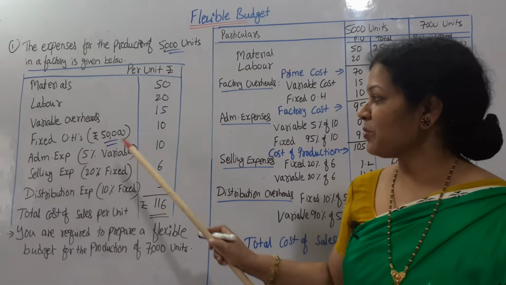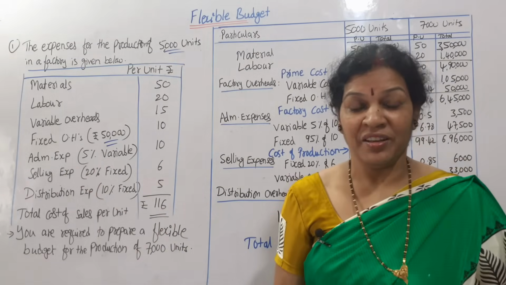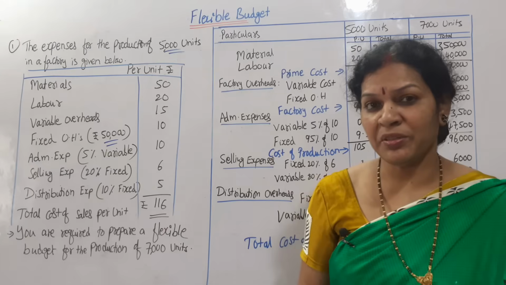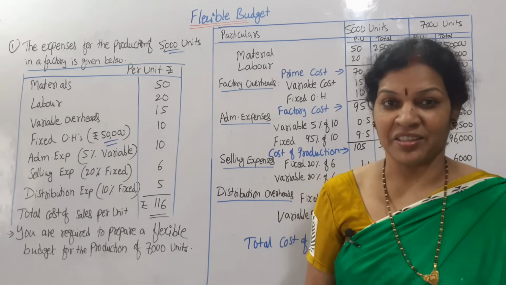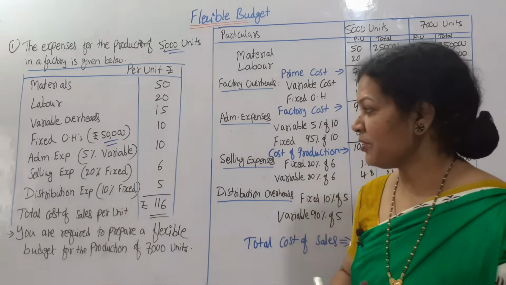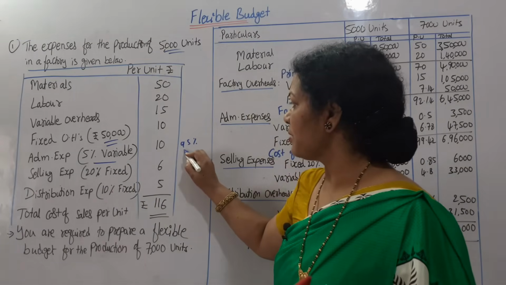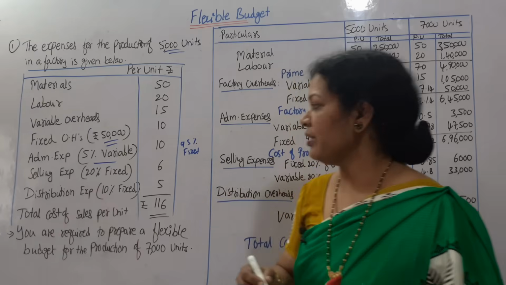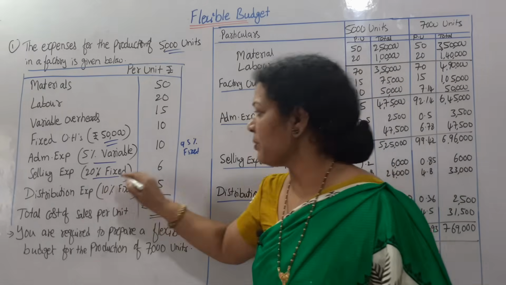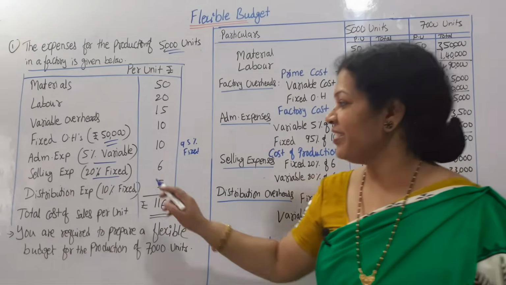Next, administrative expenses 10 rupees, but 5% is variable. 5% is variable means 95% is fixed. You must understand that, right? When they are saying 5% variable, 95% is fixed. In the same way, selling expenses 20% fixed, 80% variable.